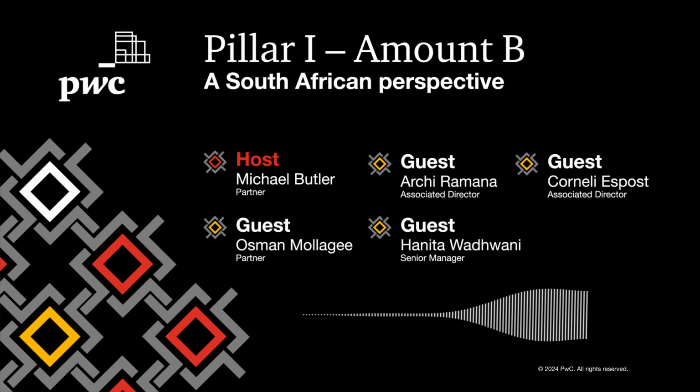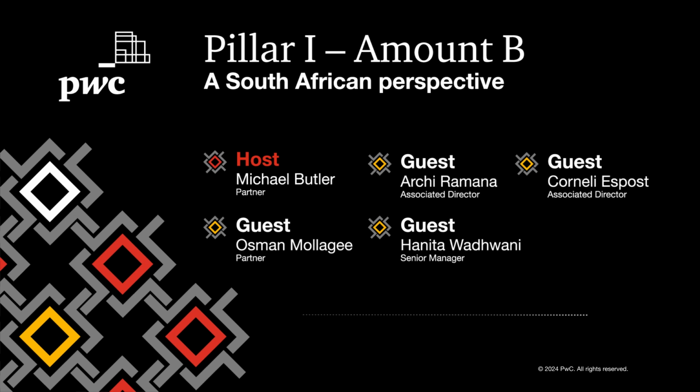Probably the last point that I want to make is, as you'd expect, that you have a little bit of a one-size-fits-all attempt here, and that's just, I suppose, the reality of the way Amount B rules have been written. So both in relation to the pricing mechanism and the fact that it relies on a global data set and regional and country risk adjustments. The question obviously will be, does it cover everything?